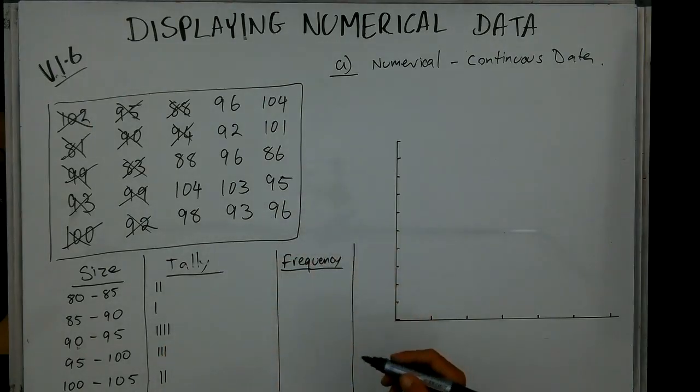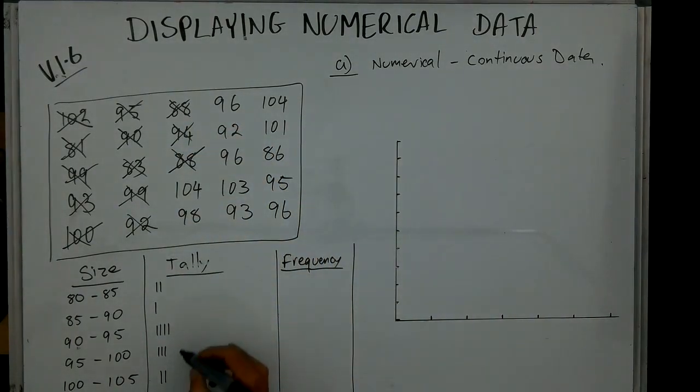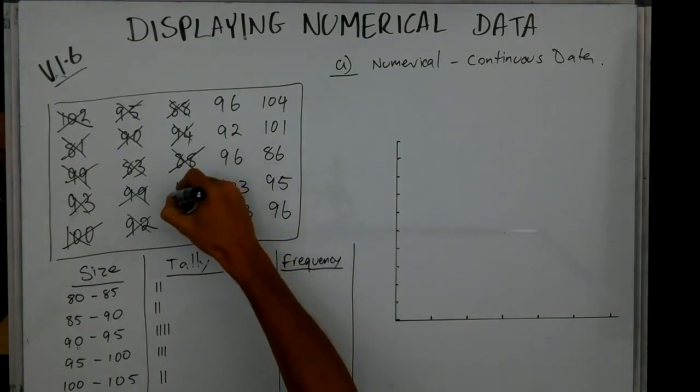When you're doing this sort of thing, be really careful. Try not to rush, because it's very easy to cross one out, get distracted, and then not actually count it. It's easy to miss a score, easy to count it twice.